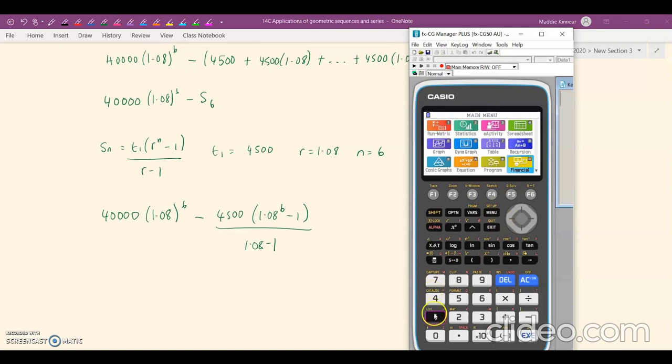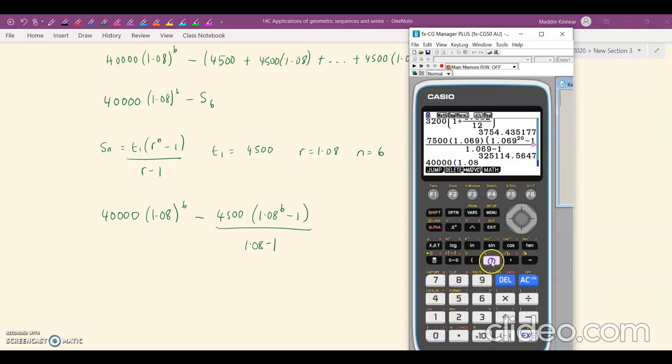So if we go back to here, we're going to do 40,000 times 1.08 to the power of 6 minus 4,500 times 1.08 to the power of 6 take 1, all over 1.08 take 1.